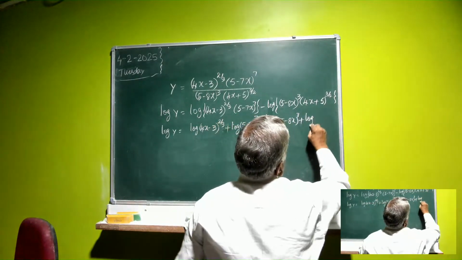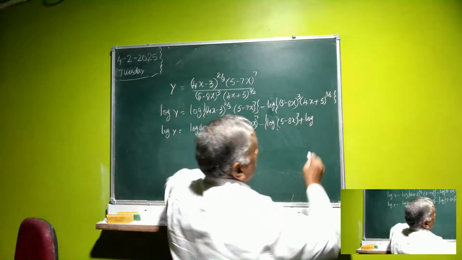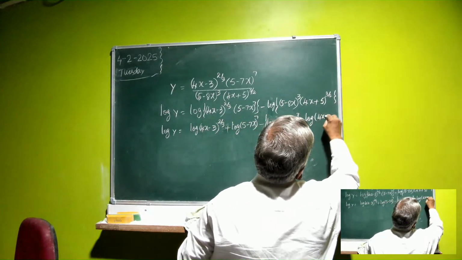Put a bracket because of the minus sign. Plus, the bracket is required because of the minus sign, (4x plus 5) to the power of 3.